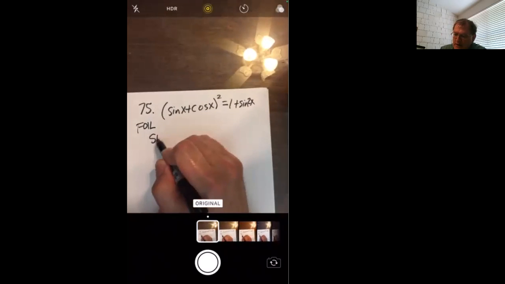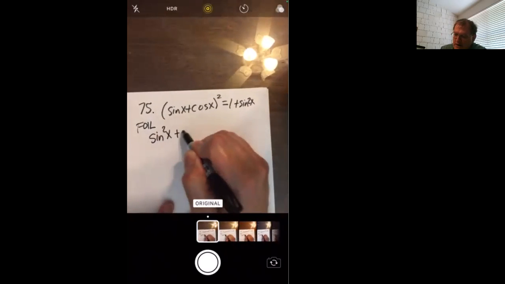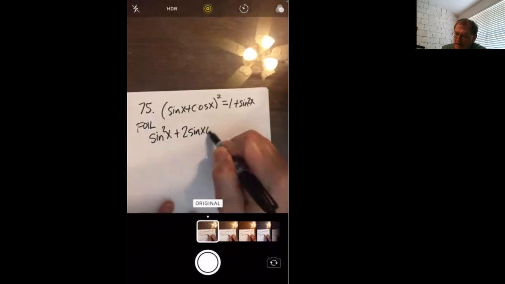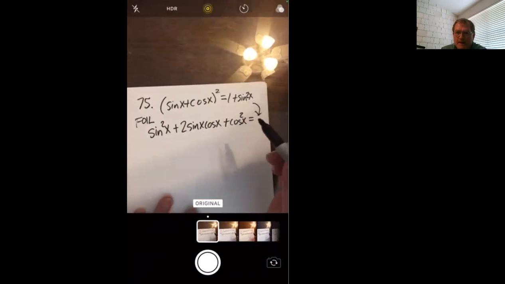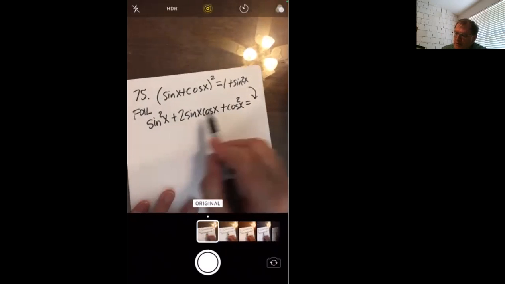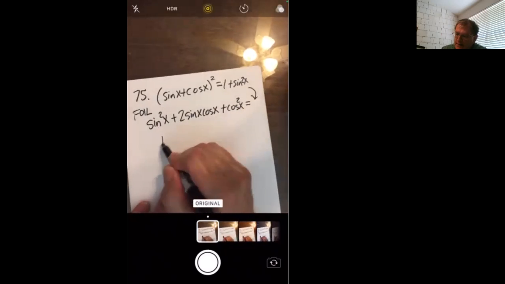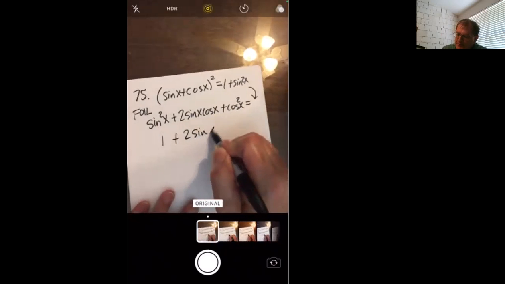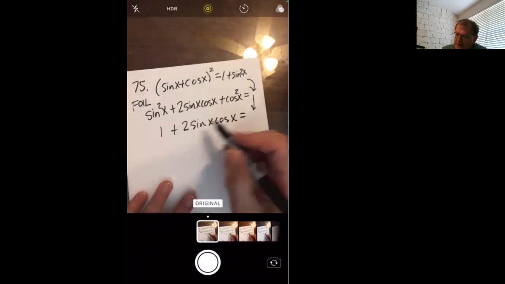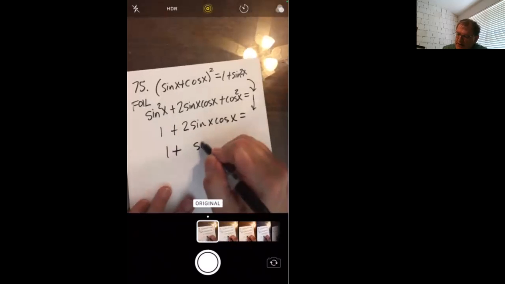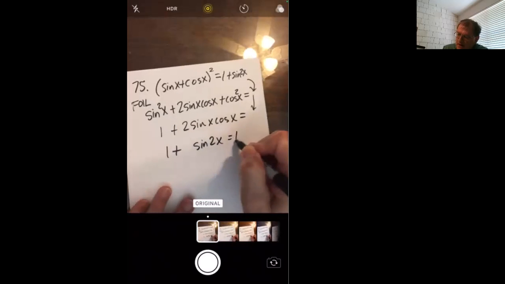You're going to get sine squared x, twice sine x cosine x, plus cosine squared of x. Sine squared plus cosine squared, that's your 1. And twice sine x cosine x is the definition of sine of 2x.